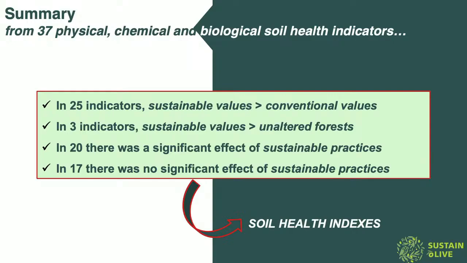In 3, the sustainable values were even higher than in the reference points in the forest. In 20 of the soil indicators there was a statistically significant effect of sustainable practices, and in 17 there was no significant effect.